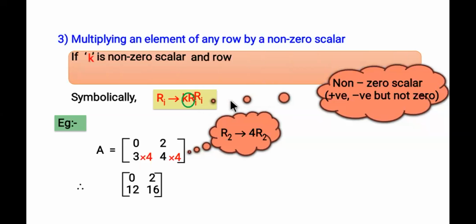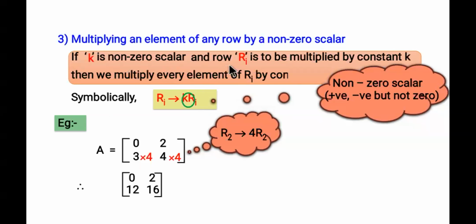Here k is a non-zero scalar and your row Ri is to be multiplied by constant k. That means we need to multiply every element of Ri by constant k. So this is what your third operation is.